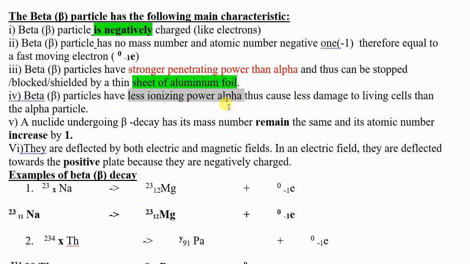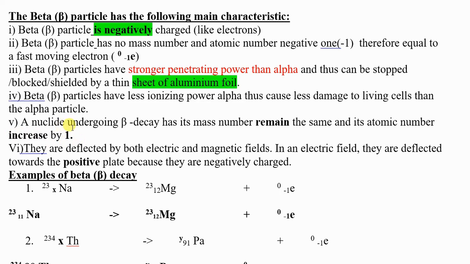Very important. A nuclide undergoing a beta decay has its mass number remain the same, and its atomic number increase by 1. Very important.